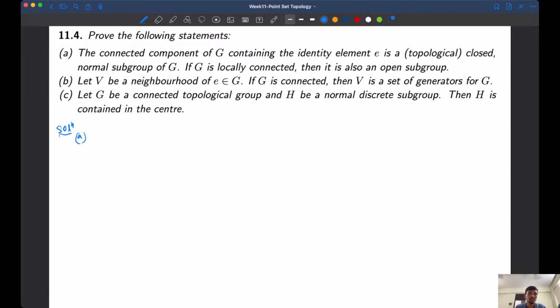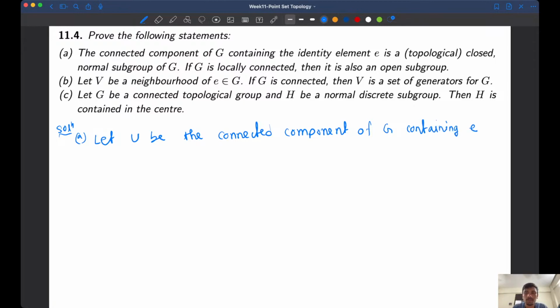So let U be the connected component of G containing E, E being the identity element.